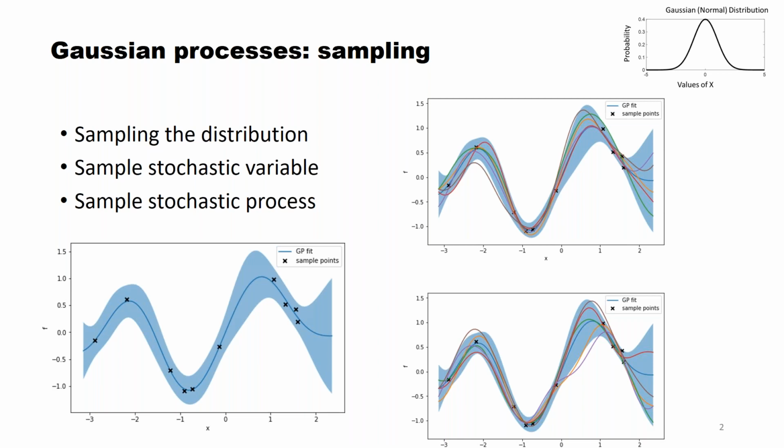The good thing about this is that you don't only get one nonlinear function, but in fact an infinite number of functions, and this gives you some idea of the uncertainty of your model, what would be a reasonable fit and what would not be so reasonable a fit.